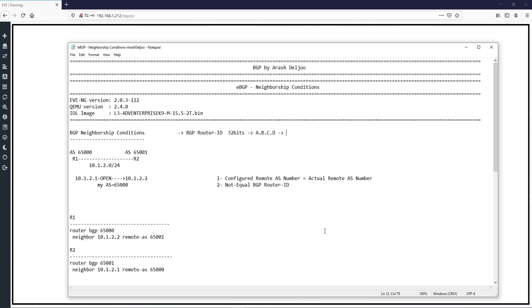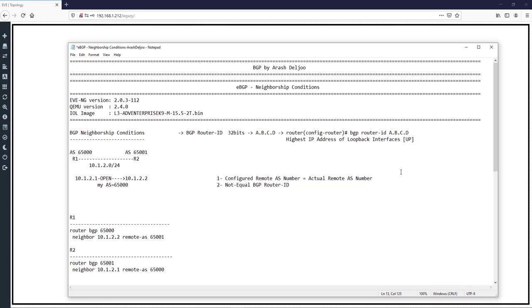You can configure the router ID with the command, in router BGP configuration mode, bgp router-id A.B.C.D. If you didn't configure a router ID, it is automatically selected from the highest IP address of any loopback interface in the router, that should be up.